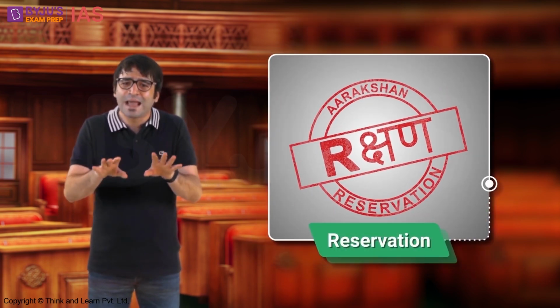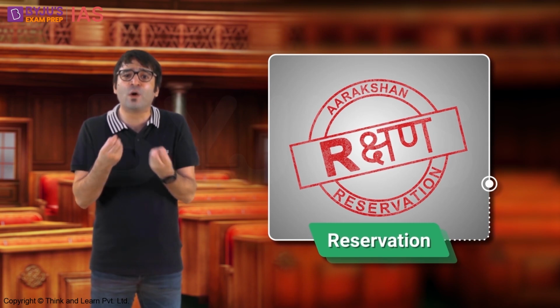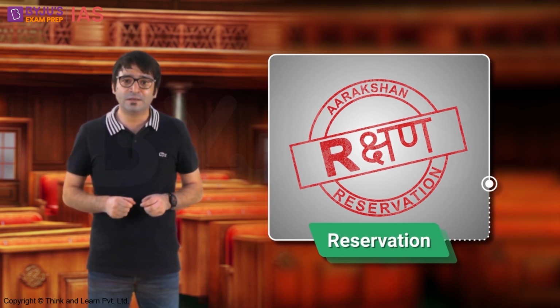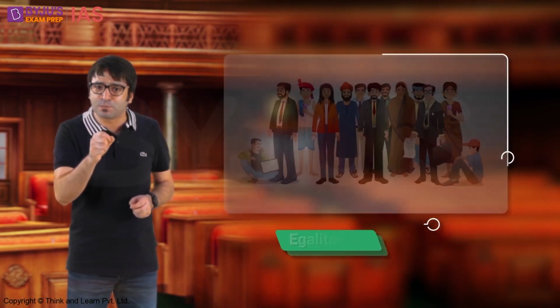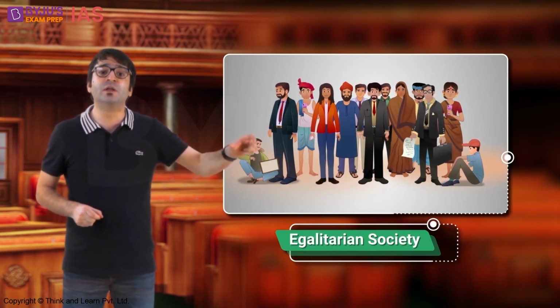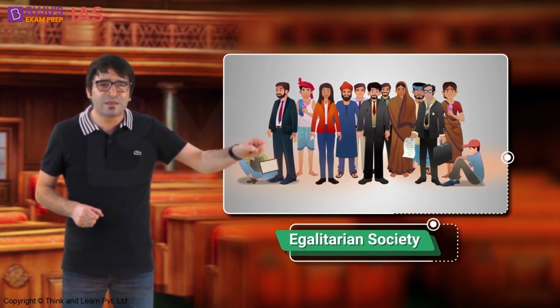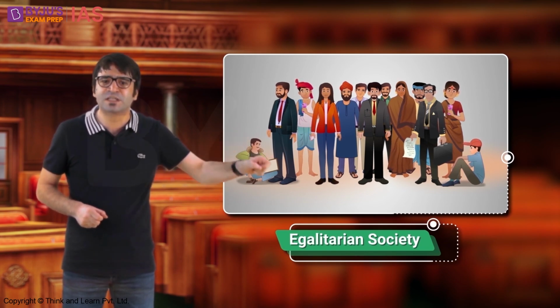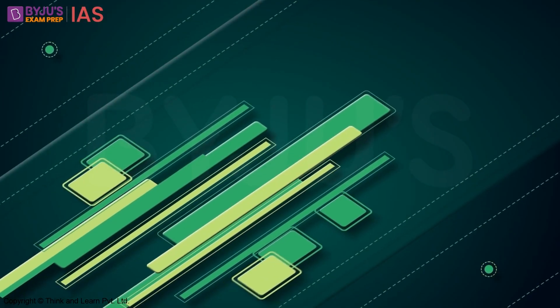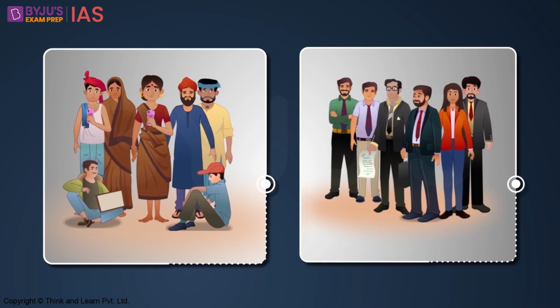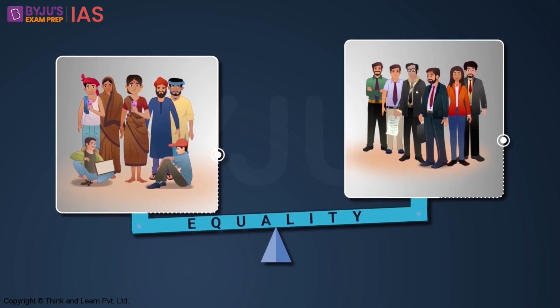This might seem antithetical to the idea of equality, but it is not, because it allows for the first principle of egalitarian society, the equality of opportunity, which has been hitherto denied to certain specific social groups. Therefore, reservation for oppressed groups is a way of both recognizing and redressing structural disparities between persons. This is an example of the Indian Constitution's commitment to substantive equality.